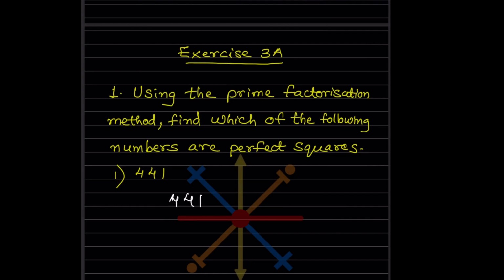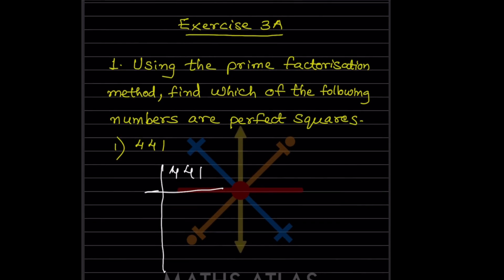For prime factors, you always start with 2. If not with 2, then you will see with 3. This is not possible with 2 because the last digit is 1. Now let us see for 3. 3 ones are 3, and 1 remains. 3 fours are 12 and 3 sevens are 21.